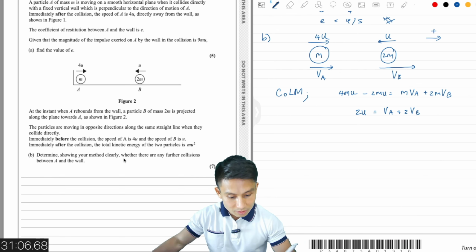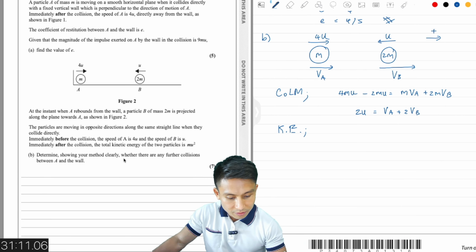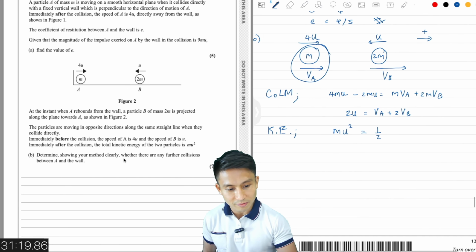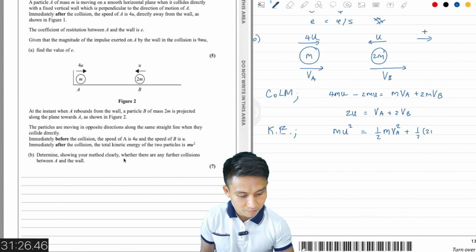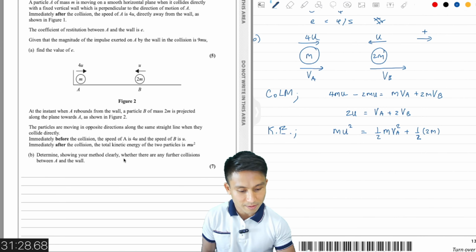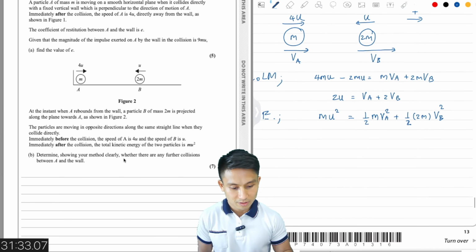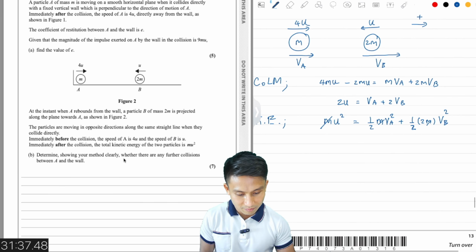So total kinetic energy after collision, we do mu squared. This is after the collision, so it equals 1/2. The kinetic energy of A would be mVA squared. The kinetic energy of B would be 2m, don't forget, because the mass is 2m, and VB squared here. You got to be careful. All right, so it seems like we have to solve simultaneous equations because we can cancel the m again.